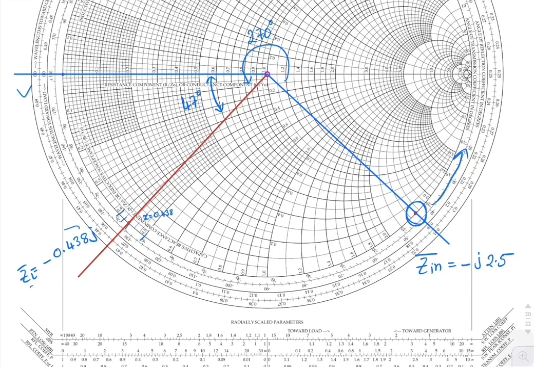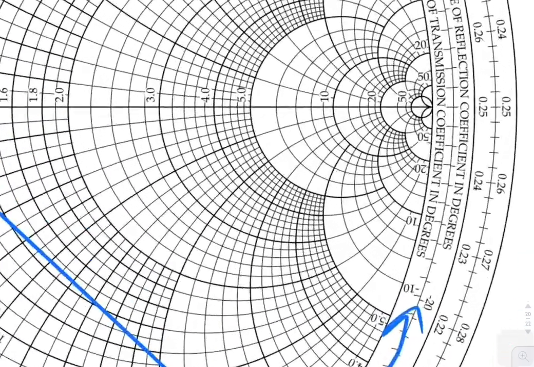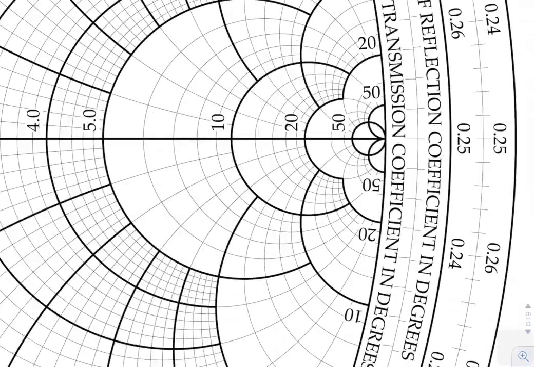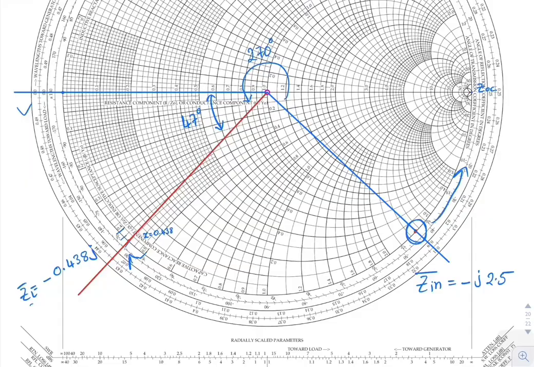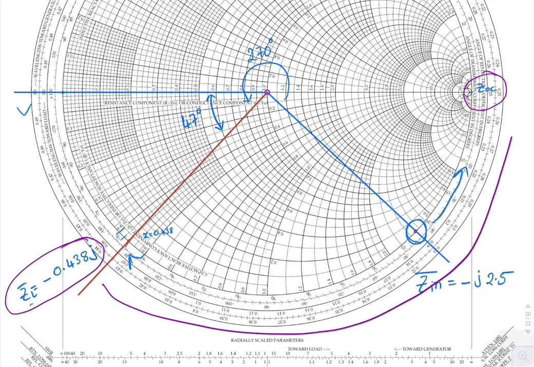On the Smith chart, load ZL is available here. The open circuited transmission line means this point, this is our ZOC. That means if you want to replace this load with an open circuit connection, you have to travel this length on the transmission line, right?